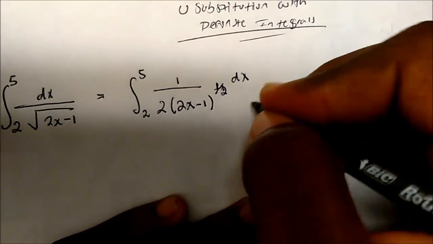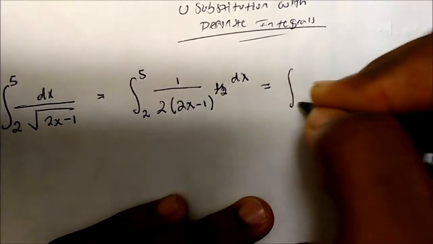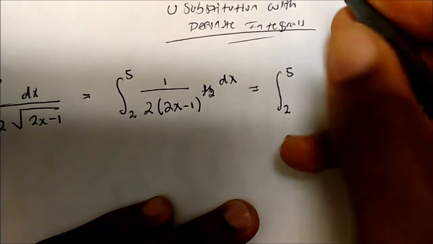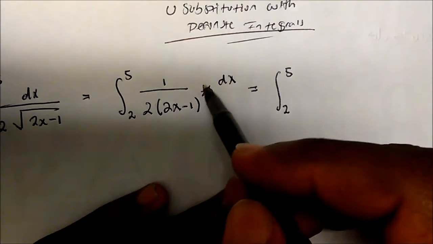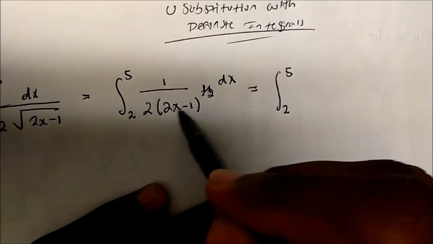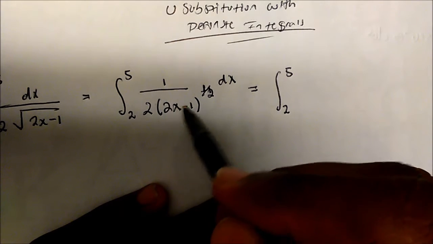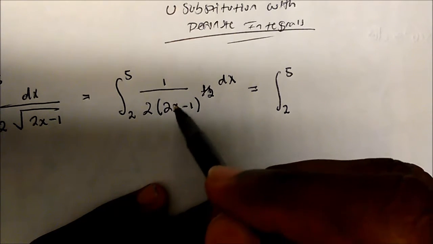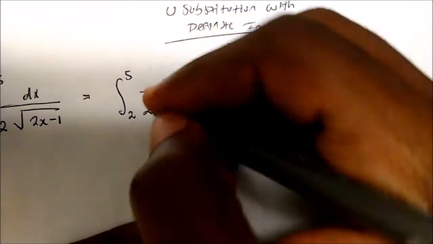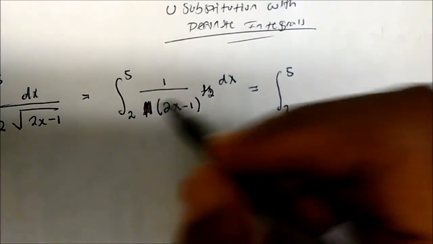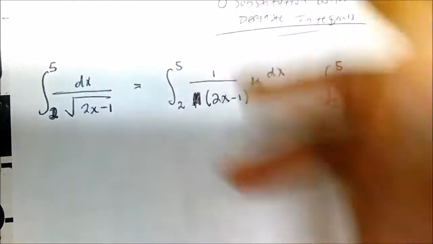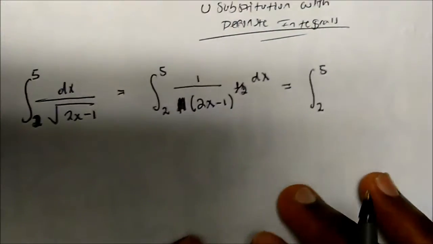I'm going to rewrite this again, and I'm doing this in steps, from 2 to 5. Notice that this 1/2 is multiplied by this whole thing here. And I'm sorry, guys, there should not be a 2. That 2 shouldn't be there. I was tripping. The 2 belongs here.